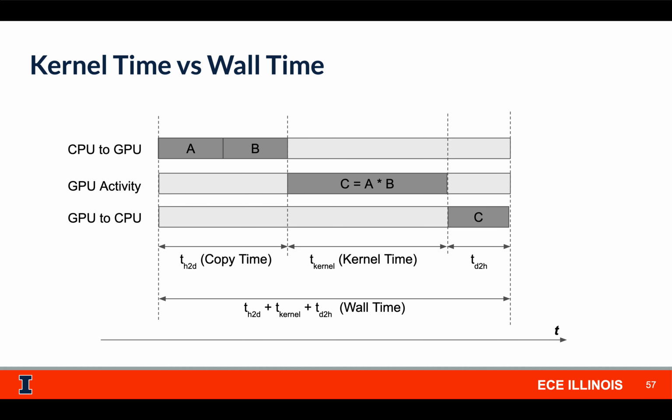So our total time is going to be the time that it takes to do the host-to-device transfer, which includes copying both A and B, plus the time it takes to do the kernel, which can't start until we've finished copying B, and then the time to copy C back to the host for the total wall time of this application.